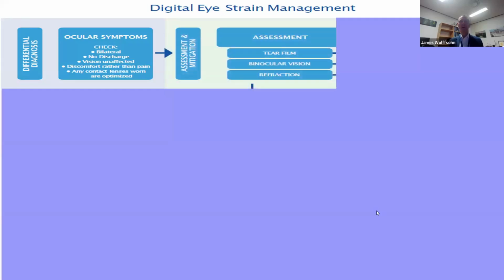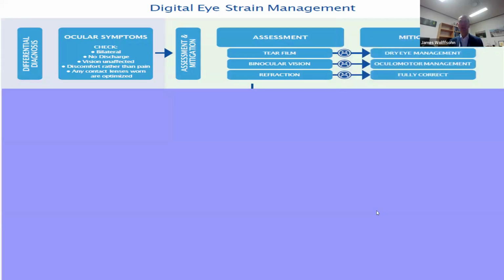In terms of our assessment, we're going to look at the tear film, and we'll talk about how we do that in a moment. Binocular vision and refraction are all very important. And essentially, if any of those are affected, we need to manage those in the normal way. And so the TFOS DEWS 2 reports talk to us about how we manage dry eye.